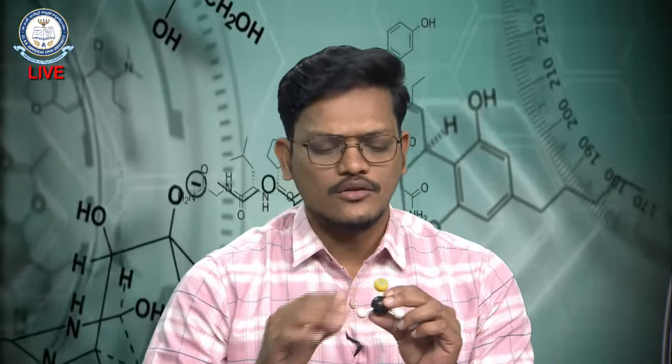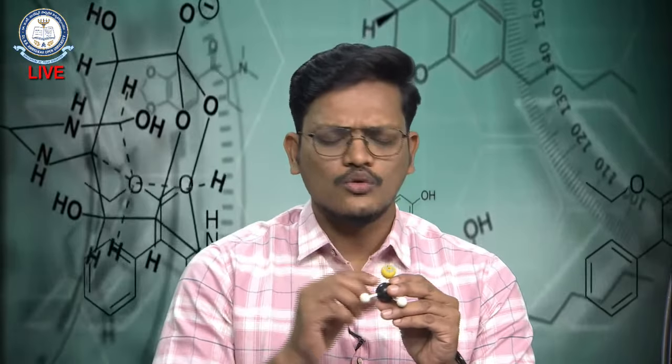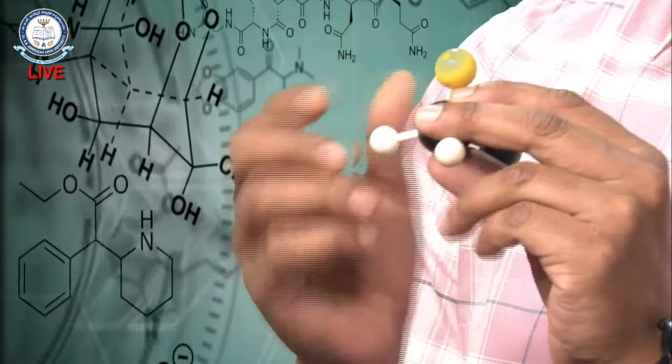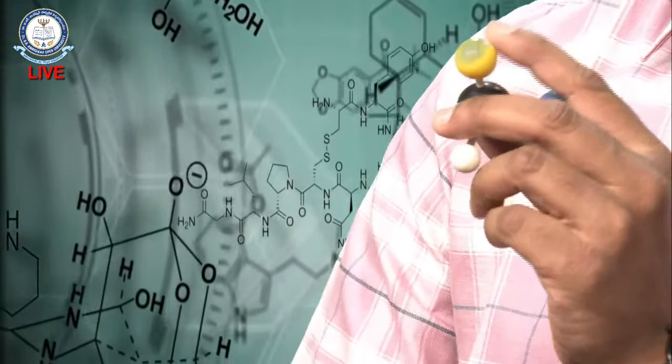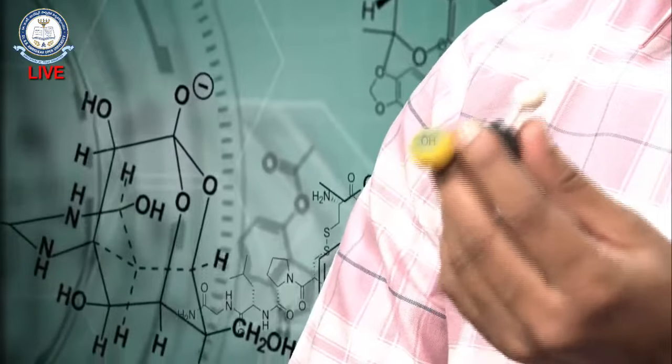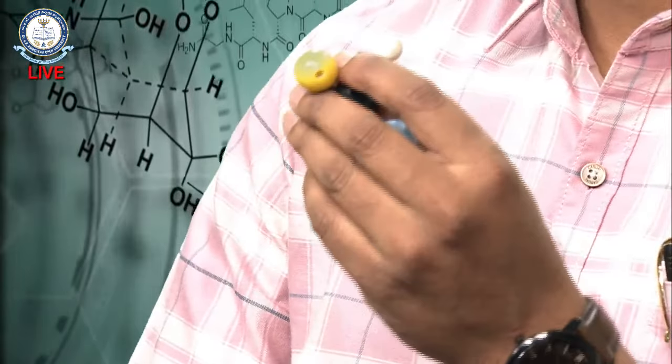In propanoic acid, we have three kinds of hydrogen atoms. One hydrogen is present at the carboxylic acid, three hydrogens are present at the methyl group, and two hydrogen atoms are present at the alpha position of the propanoic acid.